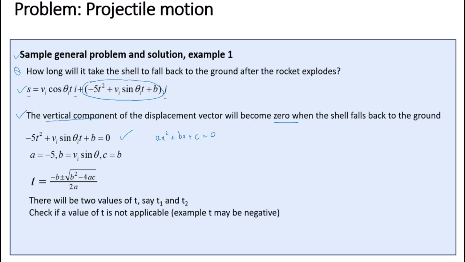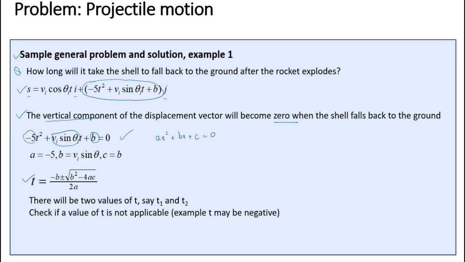So we know that the solution for that is time t equals minus b plus or minus square root of b square minus 4ac over 2a. But what are the values of a? We have the value of a will be this one, and the value of b will be the constant that multiplies with t, and the value of c will be equal to b.